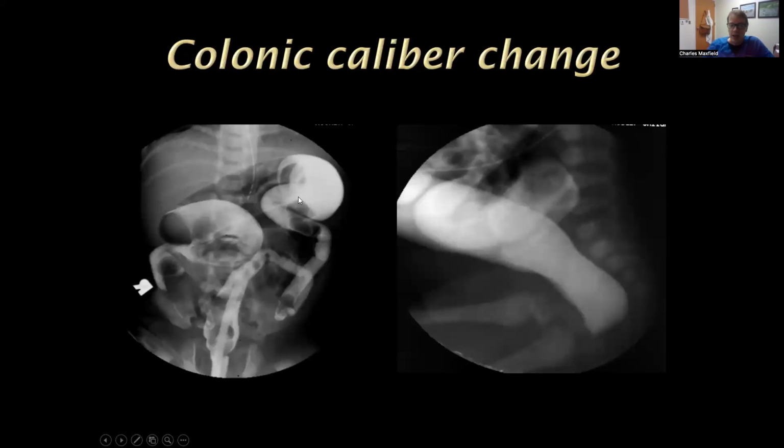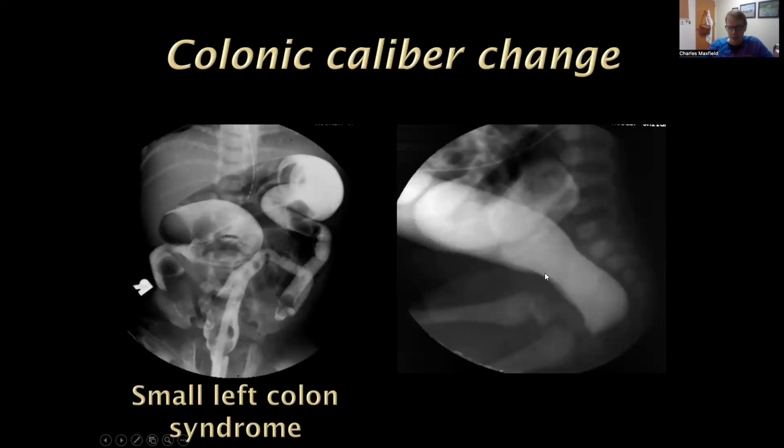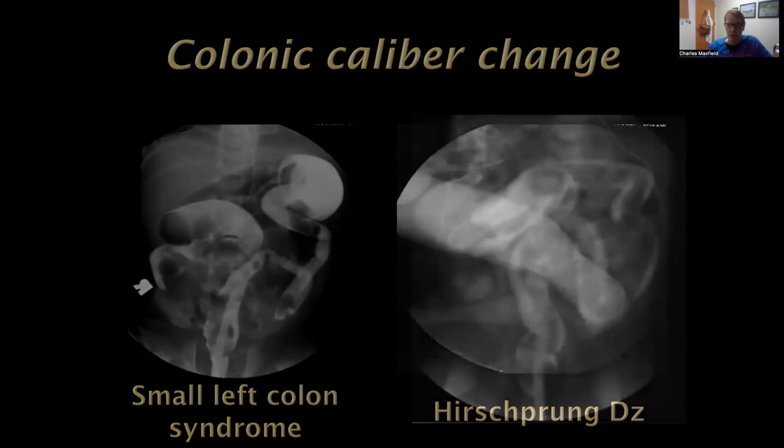When the caliber change is right there, it's small left colon syndrome. When the caliber change is anywhere else in the whole colon, especially down here in the rectal sigmoid, where you can see a kind of subtle caliber change right here, it's Hirschsprung disease. Okay, and that's how we distinguish these two. This child will need surgery. This child will probably, even with the stimulation from the enema or the tube up there, start stimulating that colon to work, expel the meconium, and the child is decompressed.